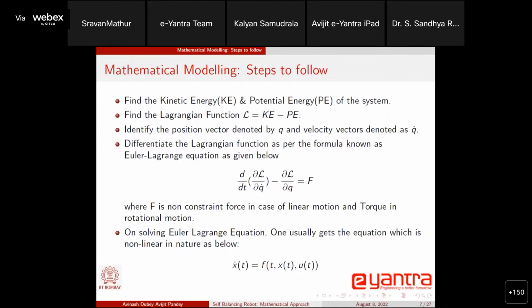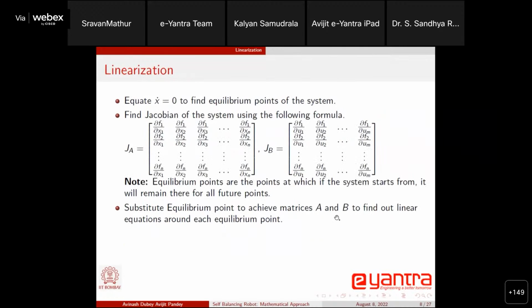Representing that again in non-linear form, we can say x dot equals some function of time, state, and input. Now this is a non-linear equation, so we need to linearize the system. How do we linearize the system? We find the Jacobian of the system. This is the formula for the Jacobian: the partial derivatives of each function.